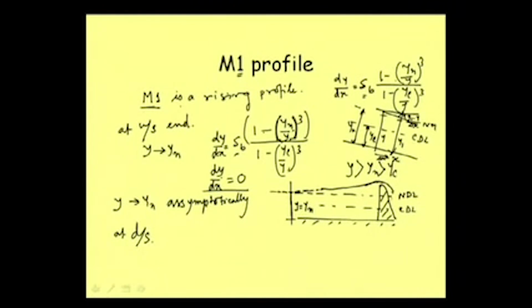Of course, what will happen on the downstream, right now we are not concerned about that, but we are concerned about what will be the case at the extreme downstream side.